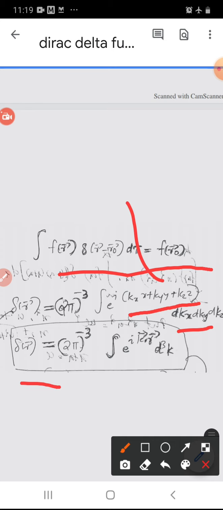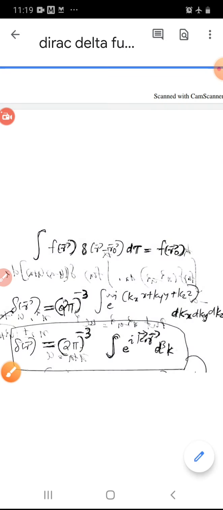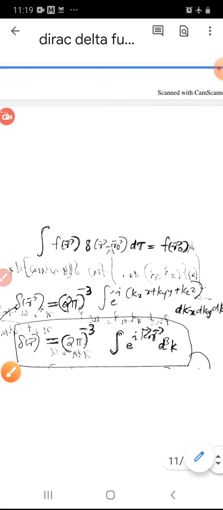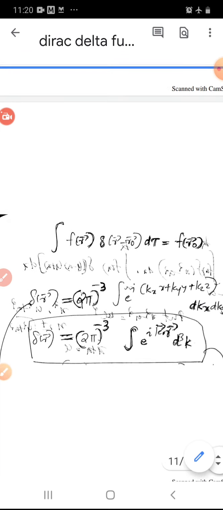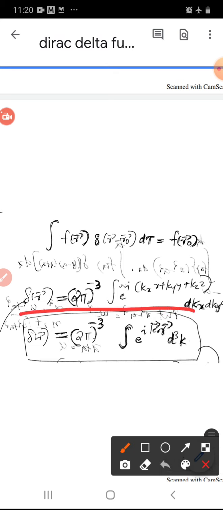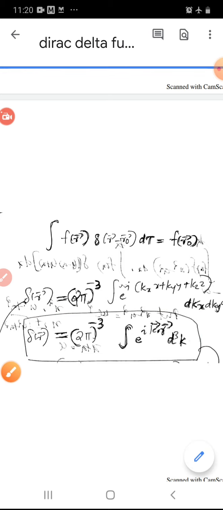If you write this in the form k dot r, where the components of k are kx, ky, kz and of r are x, y, z, then k dot r gives kx x plus ky y plus kz z. So you can express this as delta r equal to 2 pi to the power minus 3 times the integral of exponential i k dot r d cube k.